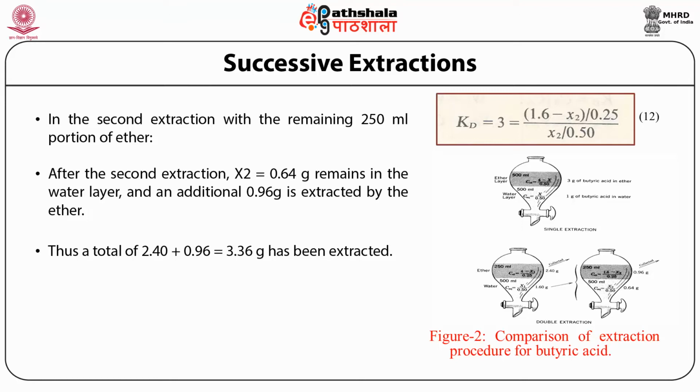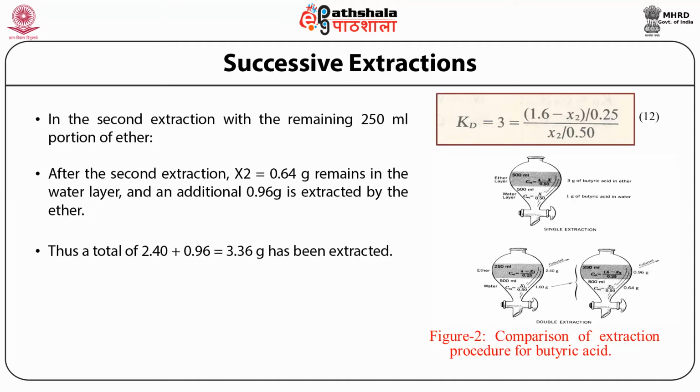So, this is the basis of solvent extraction in very simple terms, and this can be evaluated in the form of different equations. This process has been shown in figure 2: taking butyric acid, ether and water, every time mixing it properly in a separating funnel, shaking vigorously, then taking out the lower layer, that is the water layer, and then adding another portion of ether.